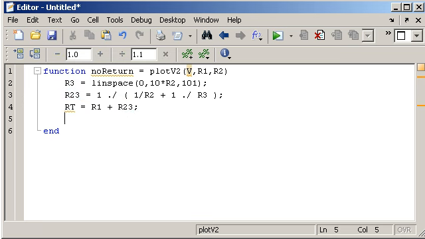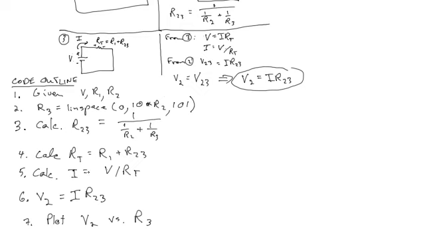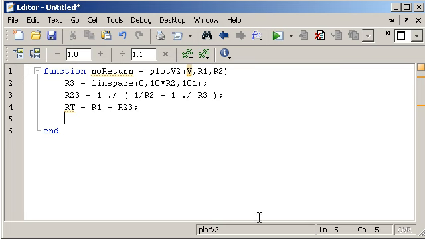Okay. Next. I is V over RT. Capital I equals V/RT. Okay. RT is 101 values. Whenever I got an array in the denominator, I need to use the dot slash. Okay, I'll try a semicolon there.